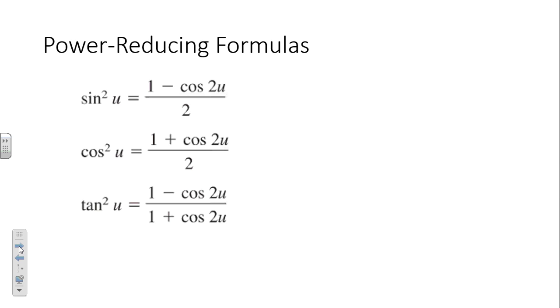You do not have to memorize them by Friday. I've memorized a lot of things this chapter. So sine squared of u is 1 minus cosine of 2u over 2, and cosine squared of u is 1 plus cosine 2u over 2.